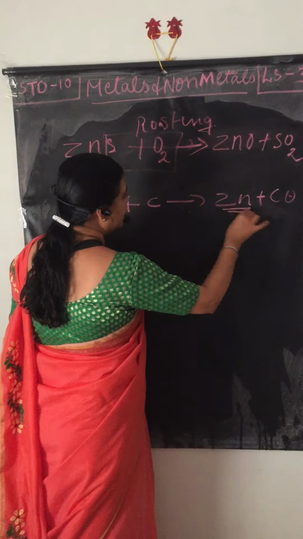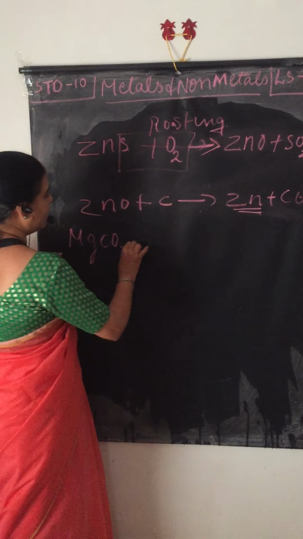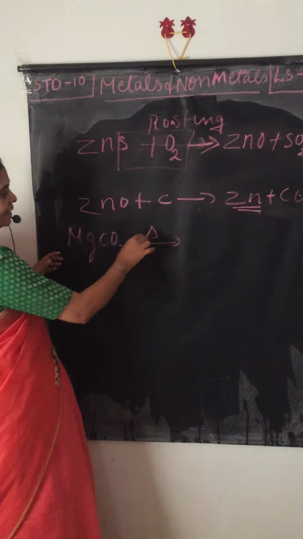In the middle series, even if it is in the carbonate state, for example magnesium carbonate, on heating directly it gives magnesium oxide and carbon dioxide. This method is called calcination. Now what is meant by roasting and calcination?